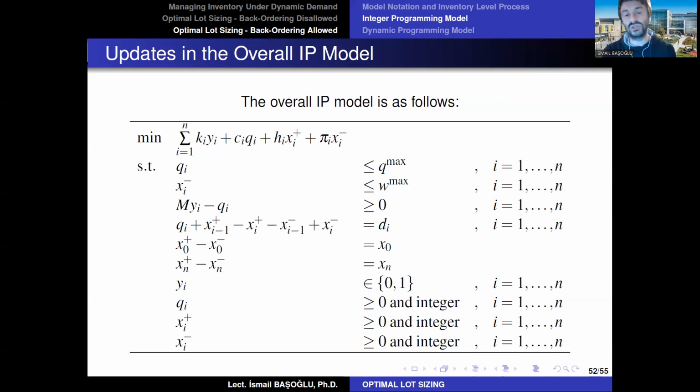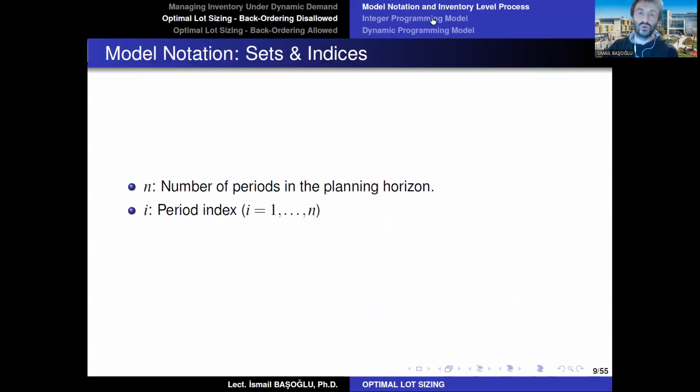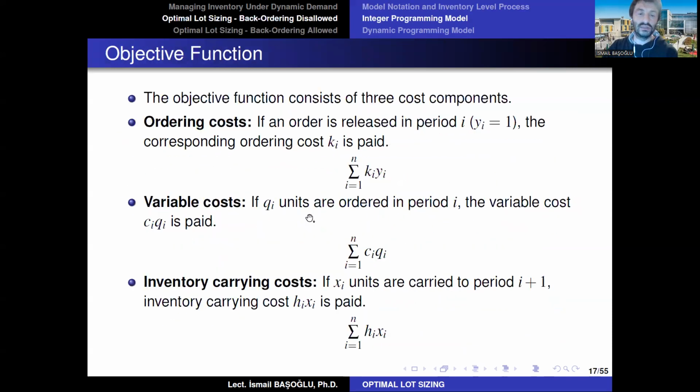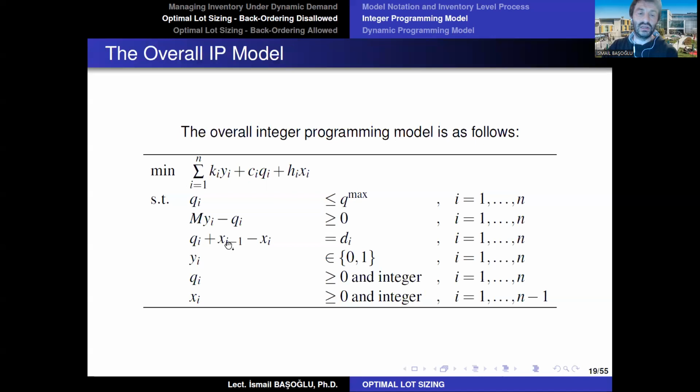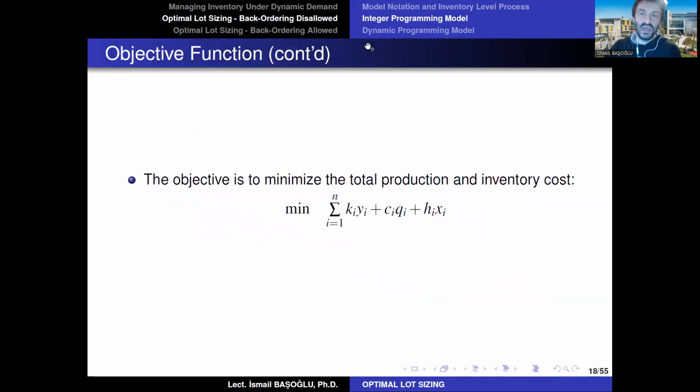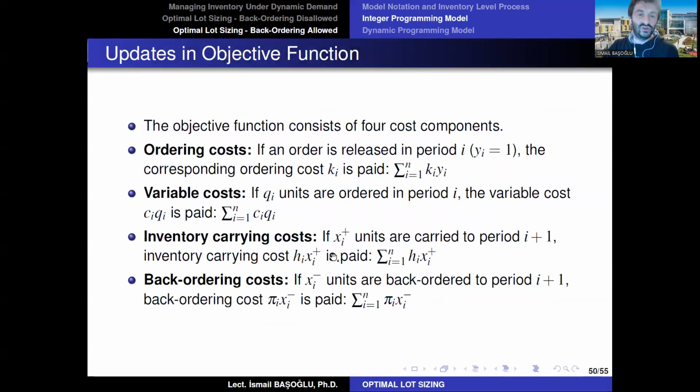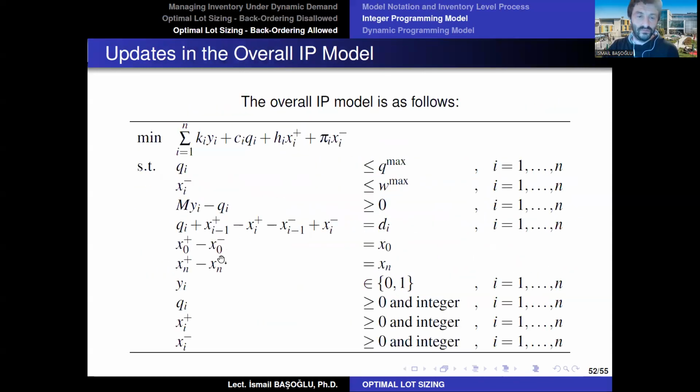This summation should be equal to the demand of this period. The only difference from the previous constraint is what? The xi minus 1 value and the xi value are expressed as the difference of two non-negative decision variables, which are associated with the positive inventory level and the negative inventory level in the end of the ith period.